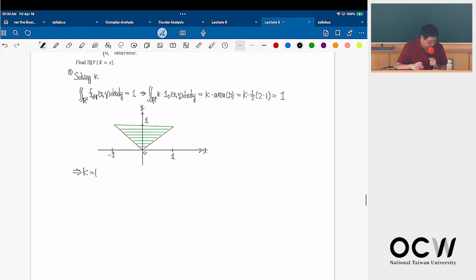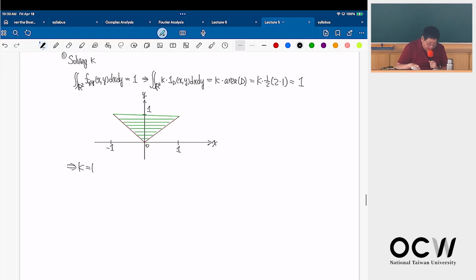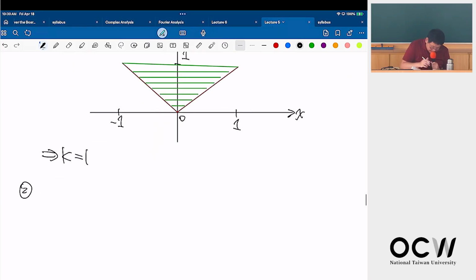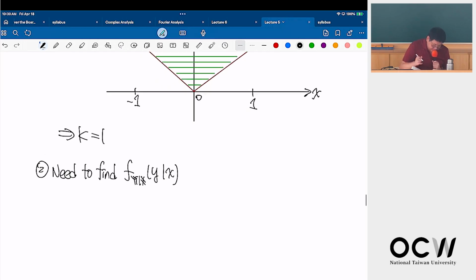Now, how do we find the conditional PDF of y given x? Need to find f of y given x. So by the definition of conditional PDF, y given x means the joint PDF of xy divided by the marginal PDF of x.